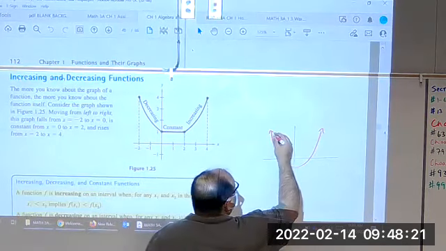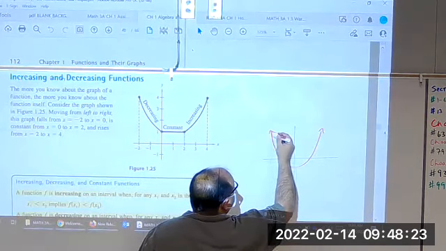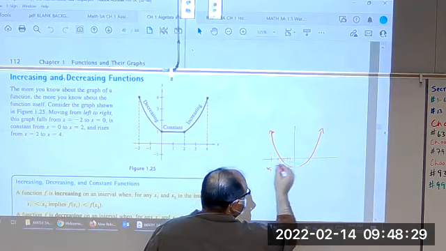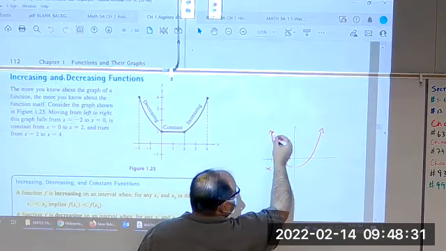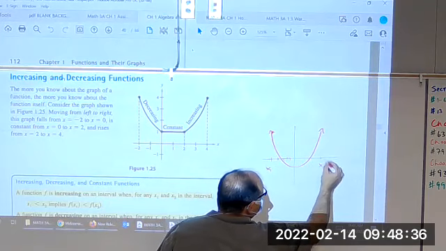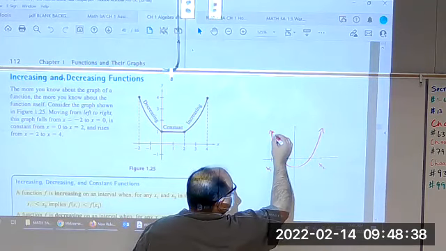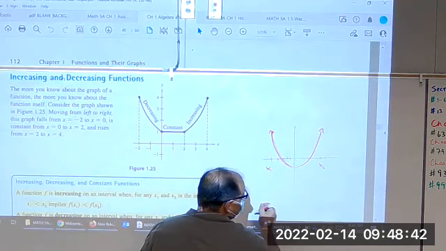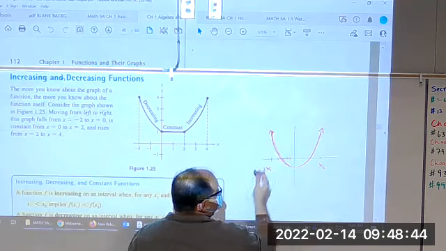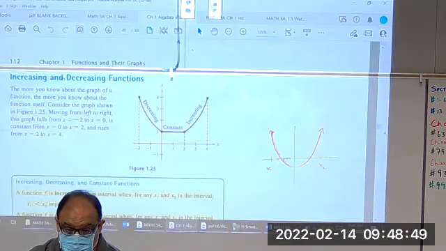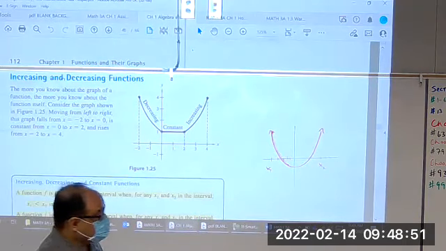If you were coming down this graph from this point on the left, x sub 1, and you're walking the x value, not on the x-axis but on the graph, through these x's all the way to x sub 2 over here, you would first have to be going down the graph. So as you're coming downhill, you're decreasing. The graph is decreasing going down as you go from left to right.